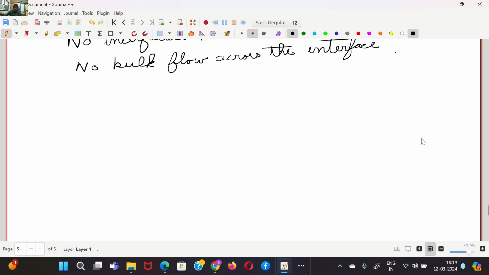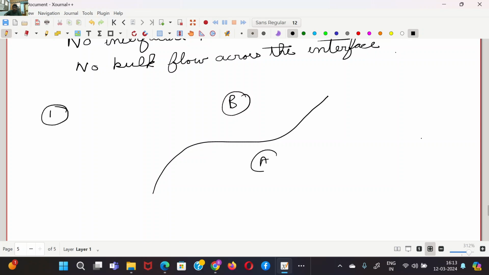The first kind of boundary condition: see, this is an interface, and we already considered that there is no heat generation at the interface. So this is phase B, this is phase A, and this curved line is the interface. This is the normal to that surface.